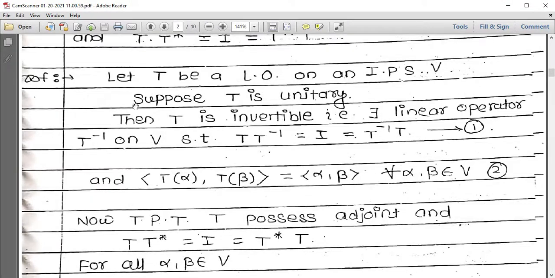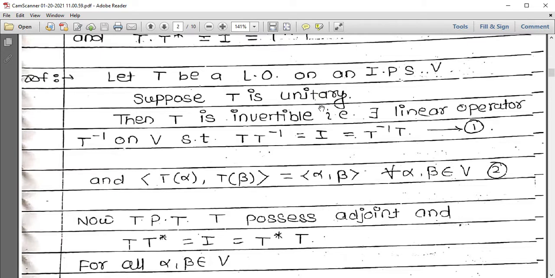Let T be a linear operator on an inner product space V. Suppose we first assume T is a unitary operator.